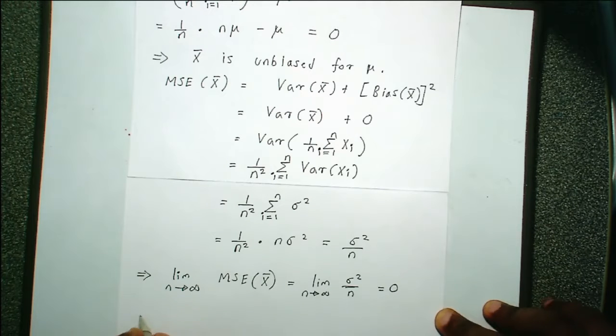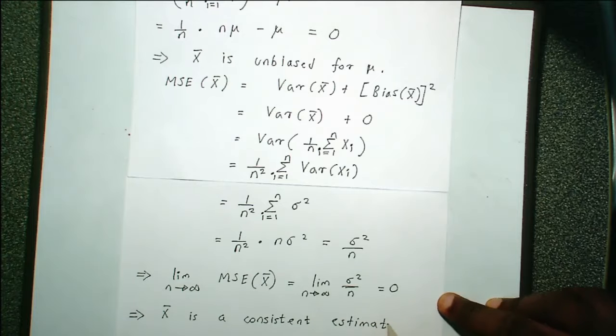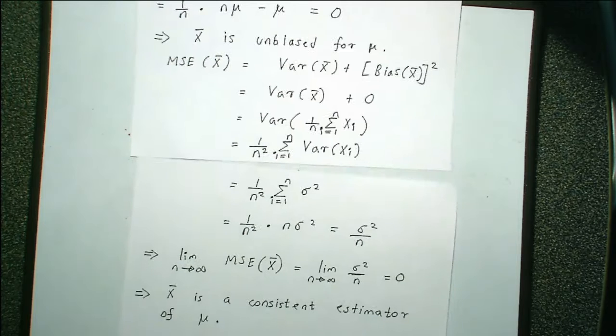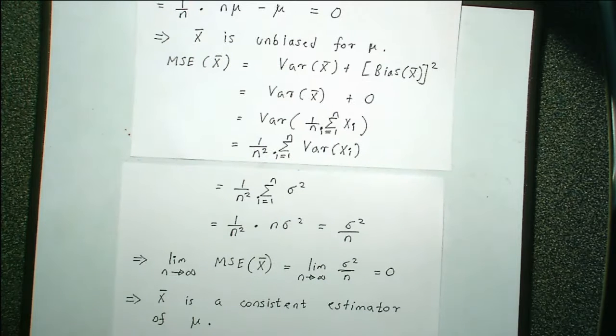So therefore, x bar is consistent. All right, so what we have shown in this example is that the sample mean x bar is an unbiased estimator and also a consistent estimator of mu.